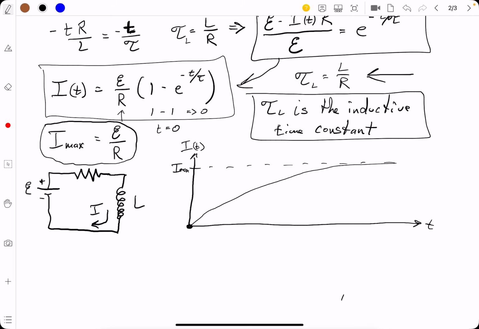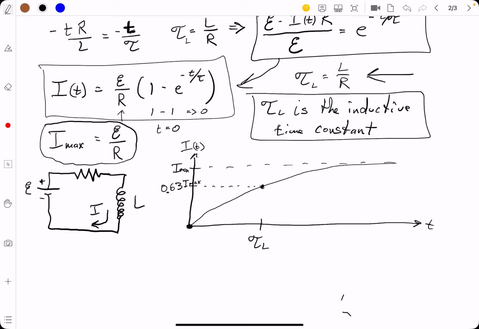So we can say, oh, well, it's the exact same thing that we did before, so we can come over here and do 0.63 of I max. At 0.63 of I max, we'll be at this point here. This is our tau. That's our time constant tau.